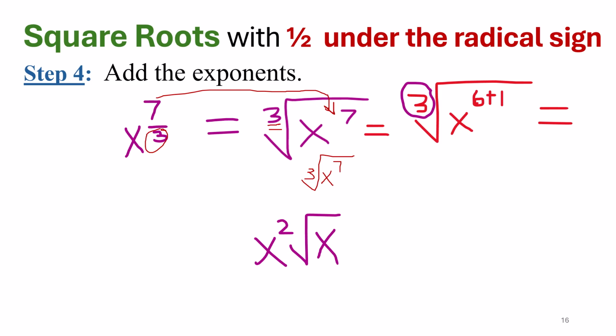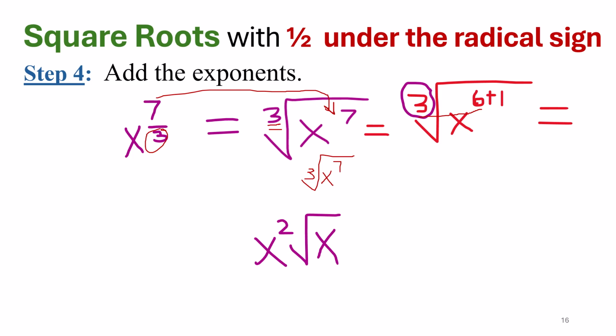Now what can you do here? 6 divided by 3 is 2. So x to the 2, that takes care of that. But you have 1 left over that you did not take care of. So what are you going to do?